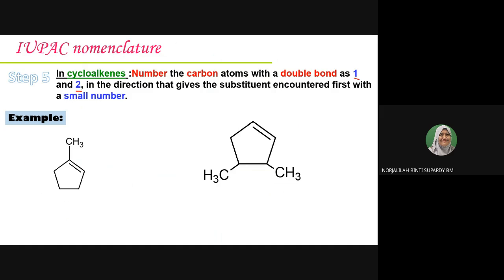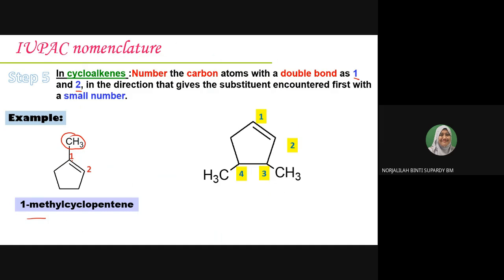For example, we have the structure where carbon 1 and carbon 2 must be the carbon double bond, and carbon number 1 also has one substituent, which is the methyl. So the nomenclature will be 1-methylcyclopentene.